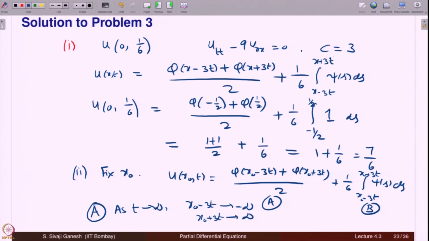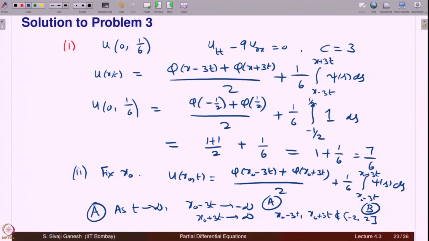In particular, after some time x naught minus 3 t and x naught plus 3 t, both of them come out of this interval minus 2 comma 2, because they are going to minus infinity and infinity respectively. We can find out when they will be out. So, phi will be 0 after some time. Therefore, for t bigger than some number, phi will be 0. So, this term will be 0.